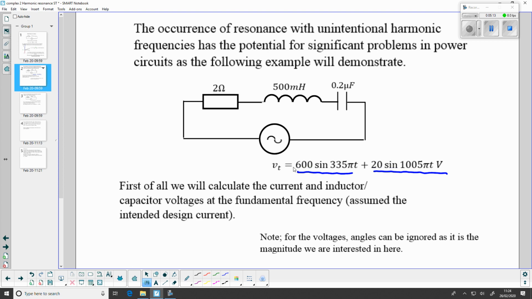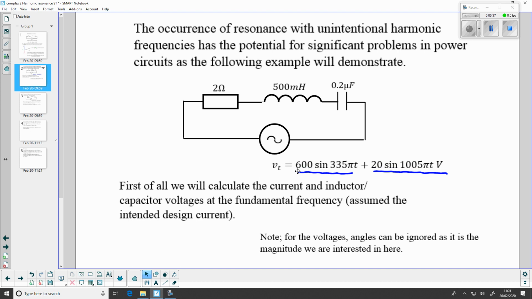We'll make a note that, to all intents and purposes, the angles of the voltages at each of these components are not the magnitude that we're interested in. We're going to include the angles in our calculations at times, but they aren't the most important thing.